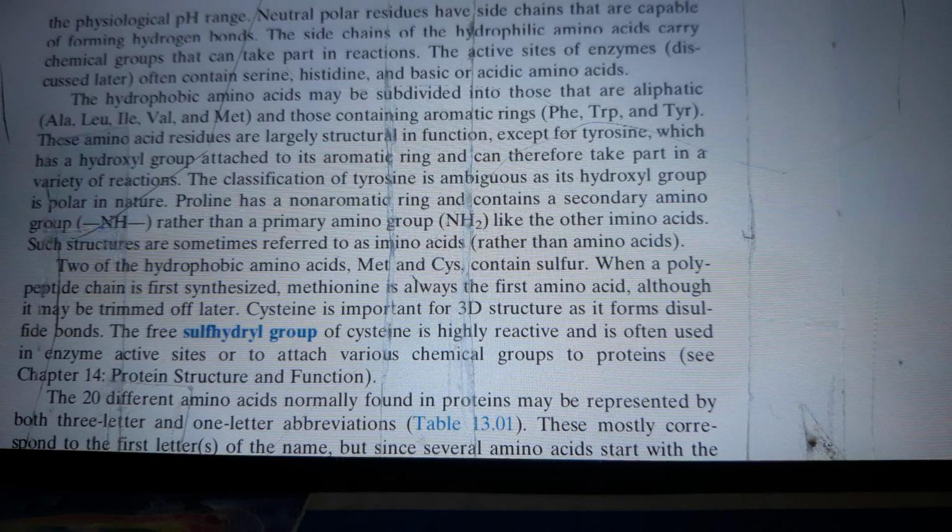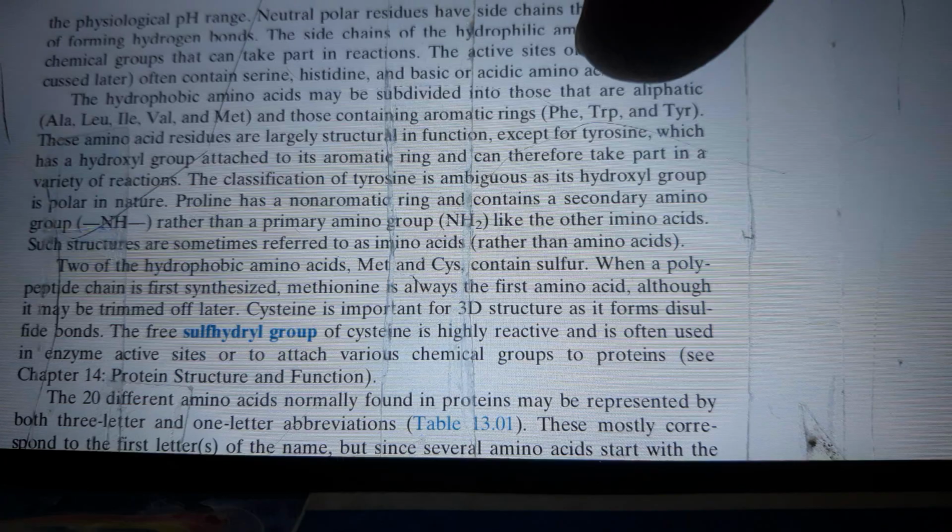Proline has a non-aromatic ring and contains a secondary amino group, NH, rather than a primary amino group, NH2, like the other amino acids. Such structures are sometimes referred to as imino acids rather than amino acids. What's that again? Proline has a non-aromatic ring and contains a secondary amino group, NH, rather than a primary amino group, NH2.